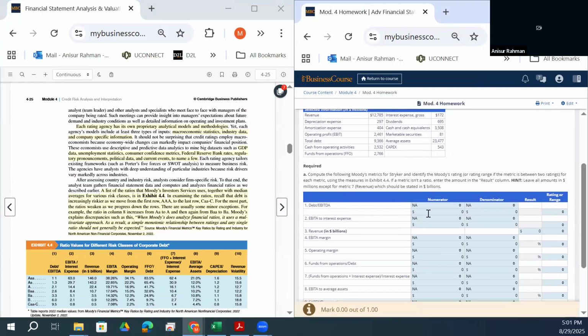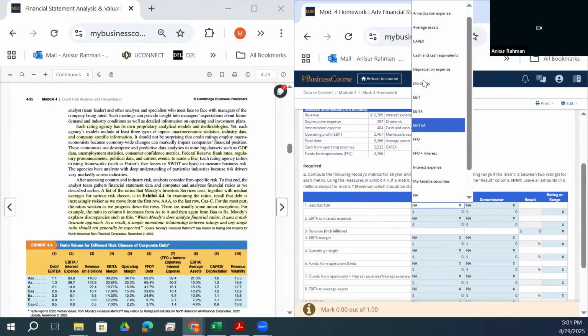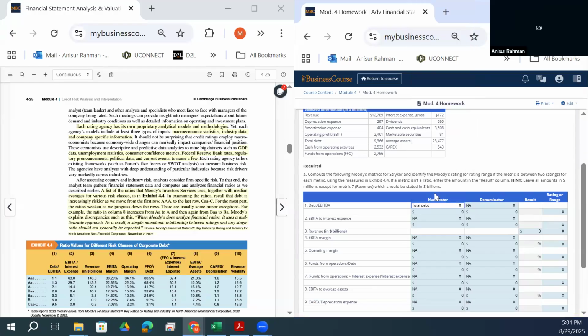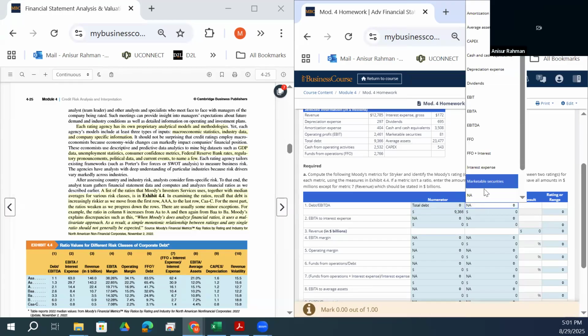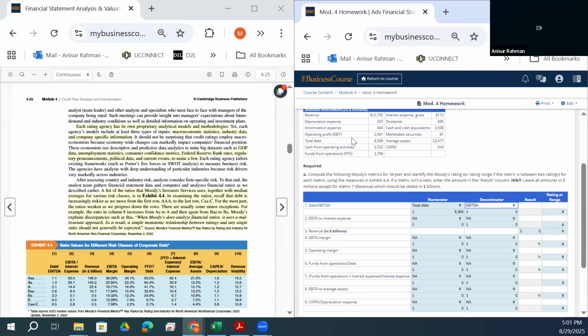debt over EBITDA, right? So of course, the numerator will be total debt, which should be able to copy, paste here. And the denominator will be EBITDA. And EBITDA is not given here, right?